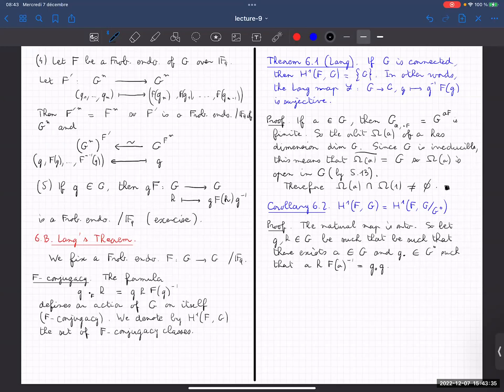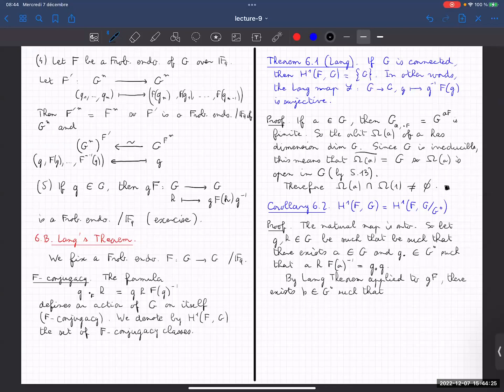This implies that g and h are F conjugated, but by Lang's theorem, applied to the Frobenius endomorphism g times F, the one that was defined here, there exists b in G0 such that, since I apply Lang's theorem to this Frobenius endomorphism but also to G0, not to G. G is not connected, but G0 is connected.